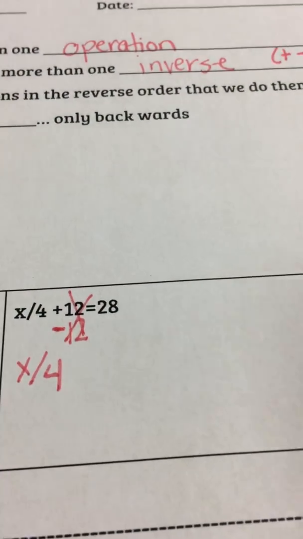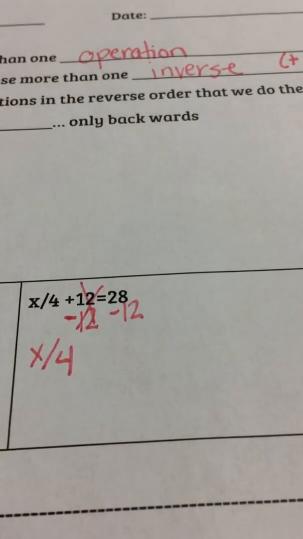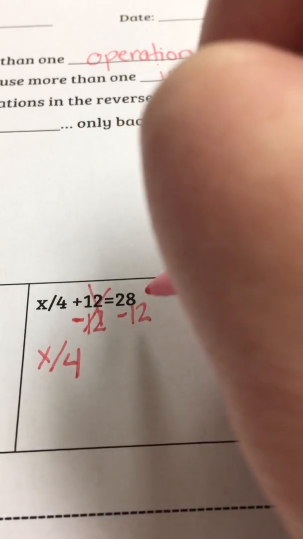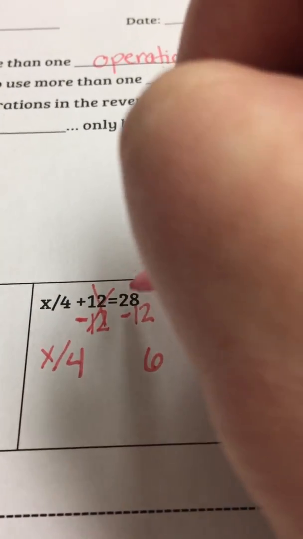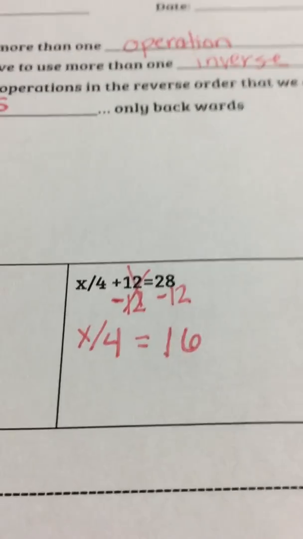Those two will cancel each other out. And I'm left with x divided by 4. Whatever I do to one side, I have to do to the other. 28 minus 12 is going to leave me with 16. So I should have x divided by 4 equals 16.